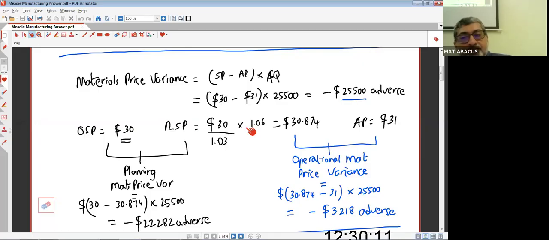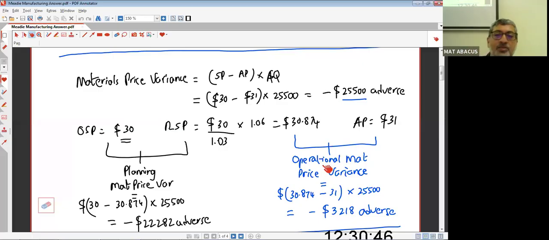Then the operational material variance will be favorable. So your comment will change, and you won't get the calculation marks for the operational material variance, but the comment, based on your own figures, will still give you the marks for the comment. And this is a very good point.